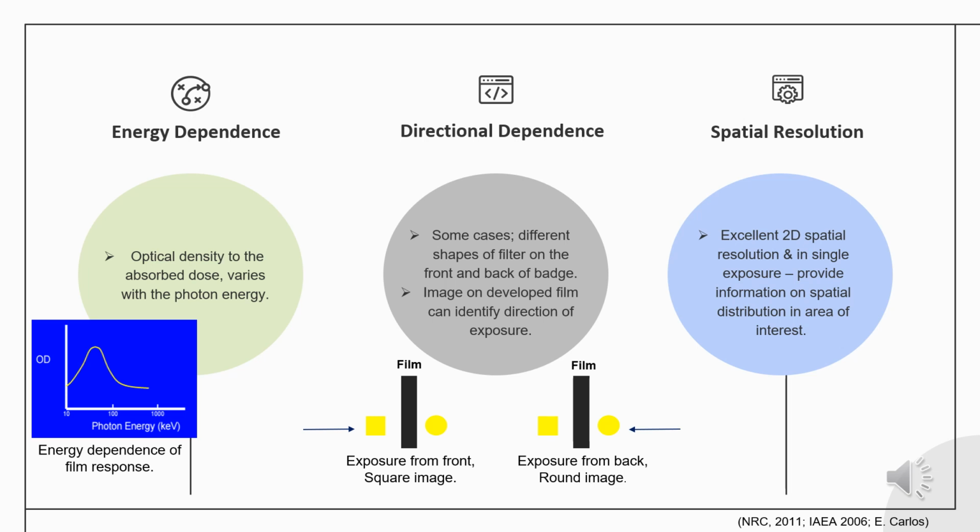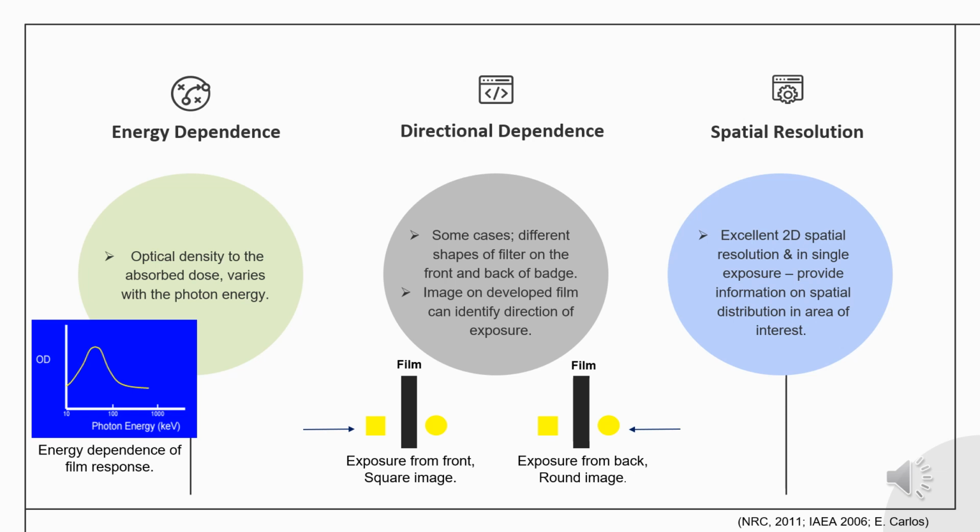And the last dosimetric property is the spatial resolution. Film dosimeter gives excellent 2D spatial resolution, and in a single exposure, it provides information about the spatial distribution of radiation in the area of interest or the attenuation of radiation in intervening objects. So, since the dose is a point quantity, the dosimeter should allow the determination of the dose from a very small volume.